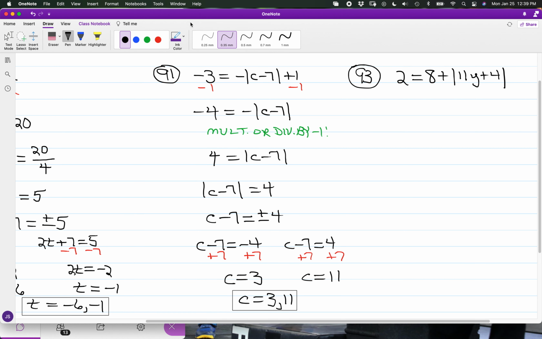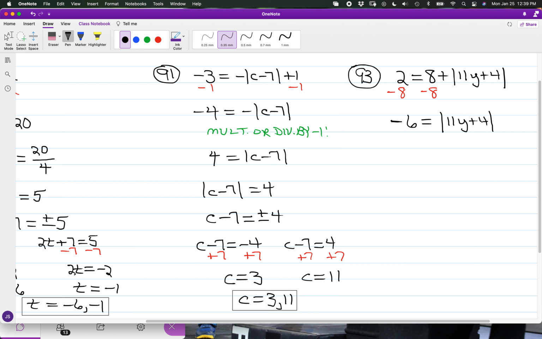If I isolate the absolute value of 11y plus 4, just as I had moved 1 over, I'm going to do likewise with 8. So I'm going to subtract, and in the rewrite, we have negative 6 is equal to the absolute value of 11y plus 4.